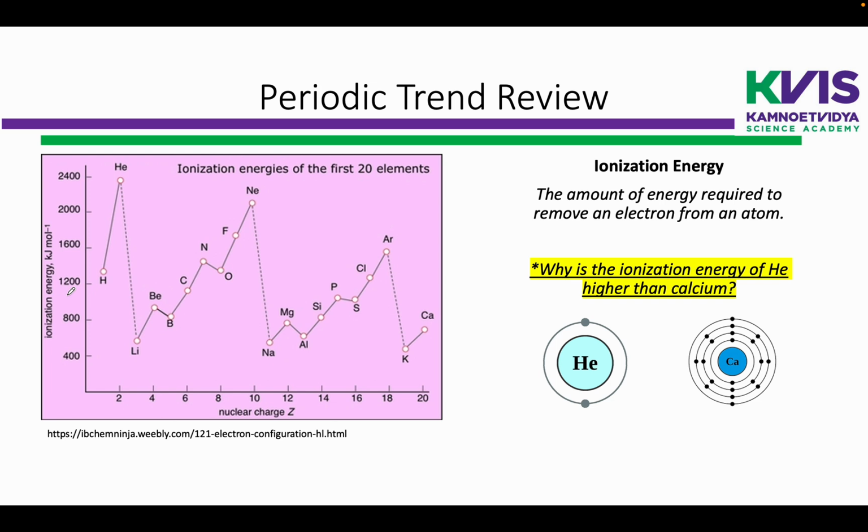So let's look at the ionization energy. It is the amount of energy required to remove an electron from an atom. Okay. So if we look over here, we have a lot of these trends, right? So hydrogen, helium, and then we drop down, right? And this can be due to many effects. For example, shielding can also affect the ionization energy of certain elements.